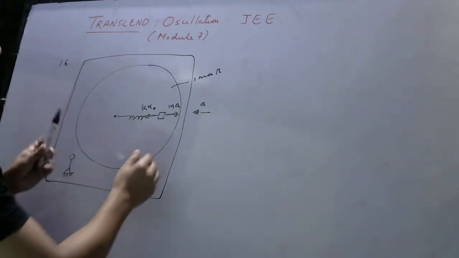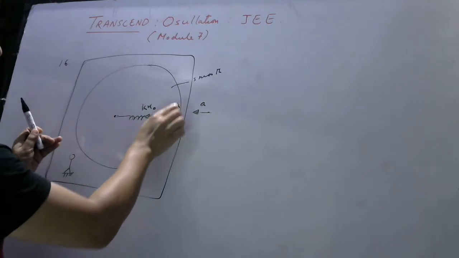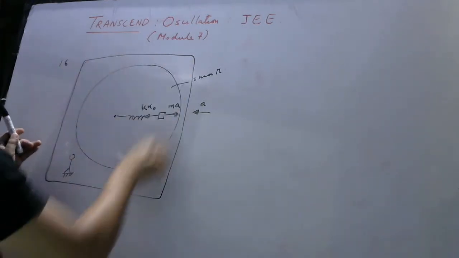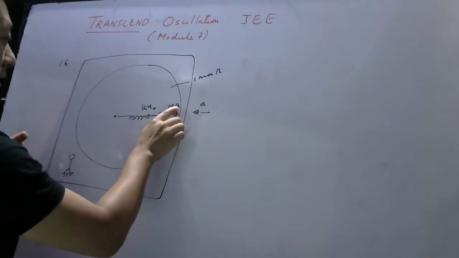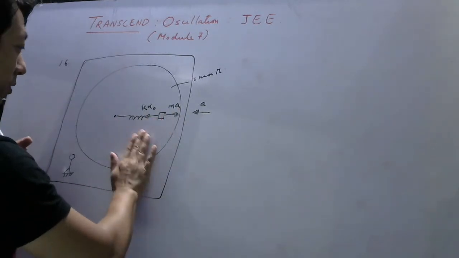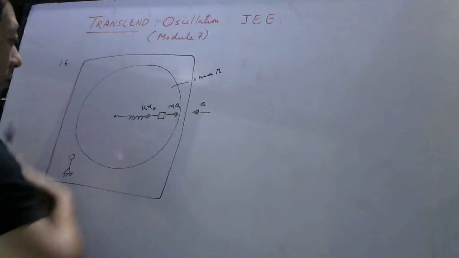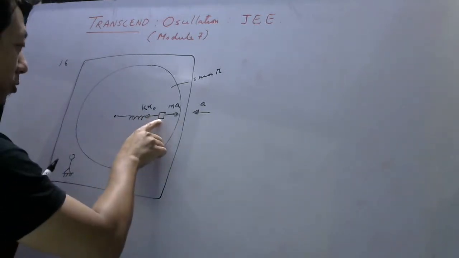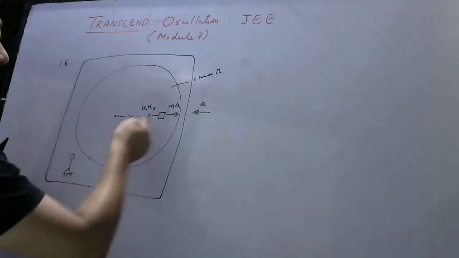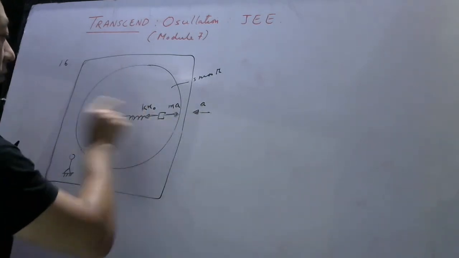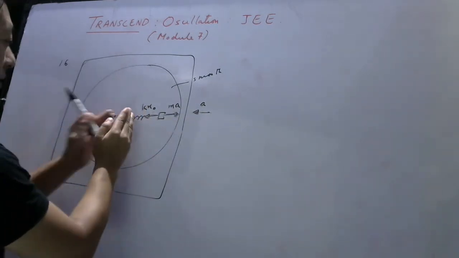Another way of understanding it is from the frame of ground, which is inertial, where there is no pseudo force. The test vehicle is accelerating, and if this has to be at rest with respect to the table, then from the ground frame this block should also have the same acceleration a. Who will provide that acceleration? The spring force, which means the spring must stretch.